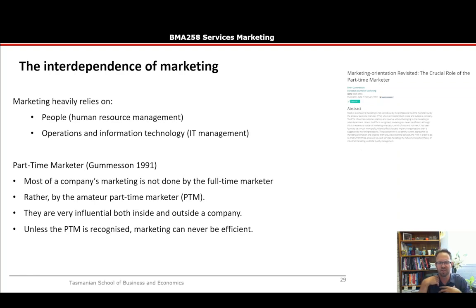We're responsible for the strategic direction of it and setting it and all that sort of stuff, but the actual delivery of it is done by these amateur part-time marketers. And these are everybody else in the organisation. They're very influential both inside the company and outside the company. And unless the part-time marketing concept is realised, marketing can never be efficient.